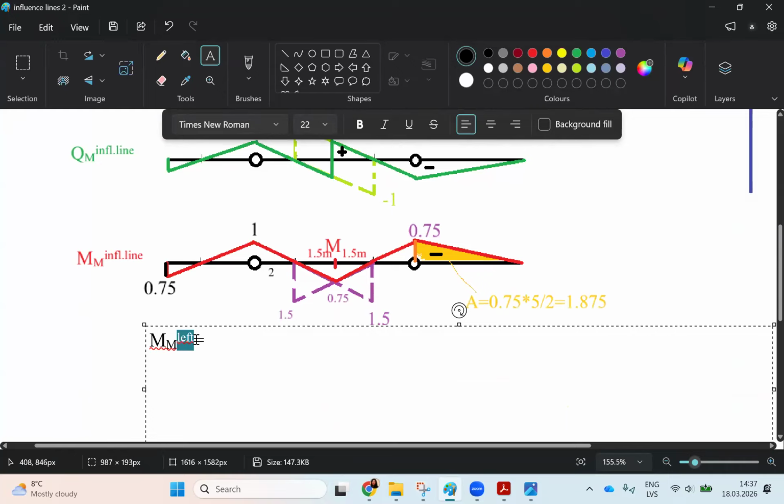Oh, but okay, we can do it a bit later. So first there will be plus P times 0.75 and negative q times area 1.875. And then there will be two values of M times tangents. And tangents, there's this angle. We can use this angle or this angle, they are equal, to the left and to the right.